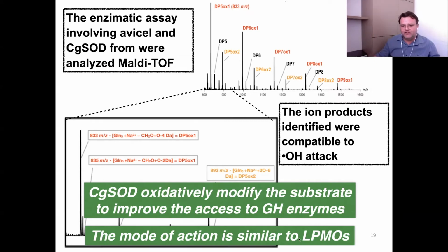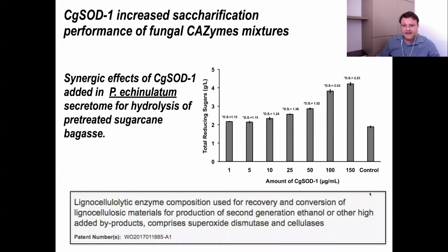This model of operation is very similar to what is found for lytic polysaccharide monooxygenases, LPMOs. And these studies resulted in a patent application: the utilization of this SOD enzymatic preparation as an additive to cellulase mixtures applied for second generation ethanol production or other added-value products.